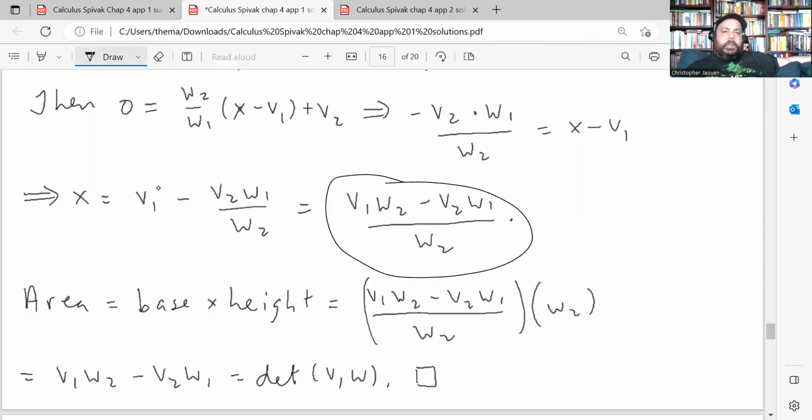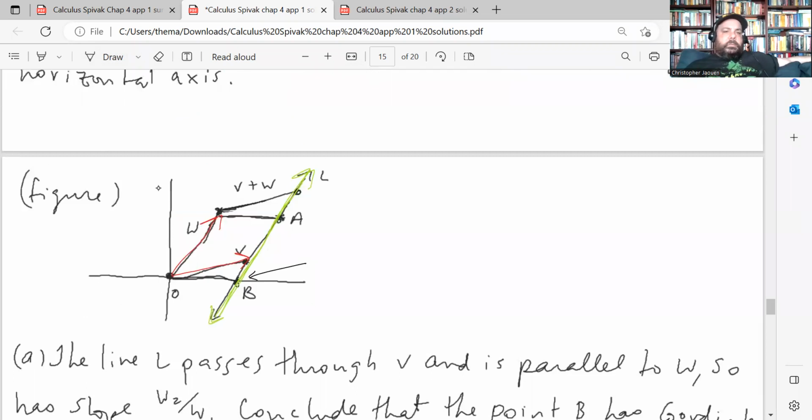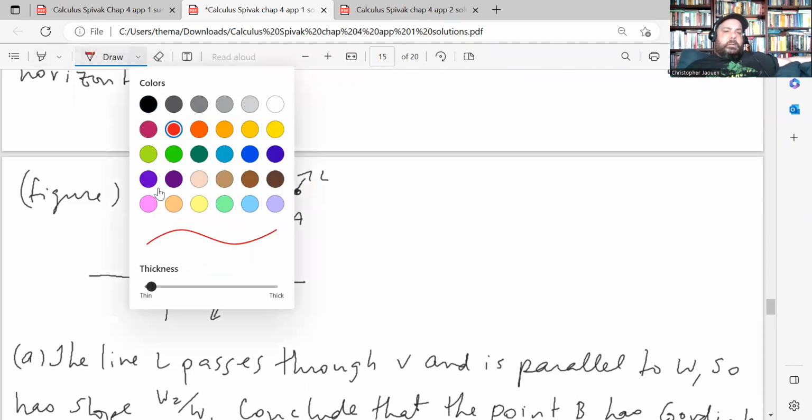Then to find the area of the parallelogram, that's equal to the base times the height, which is given by the X coordinate times W2. Let me scroll back up to the picture. Let me erase some of this stuff because the picture's already getting too cluttered. Let me do this in red here.